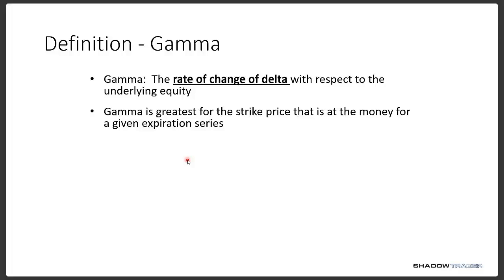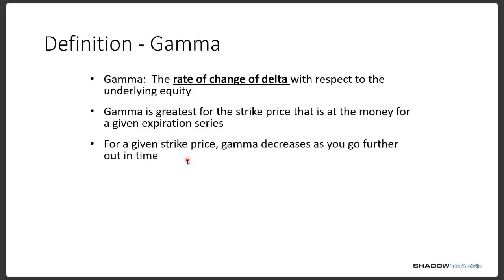The other thing you need to know is gamma is the greatest for the strike price for an at-the-money option at any given series of expirations.